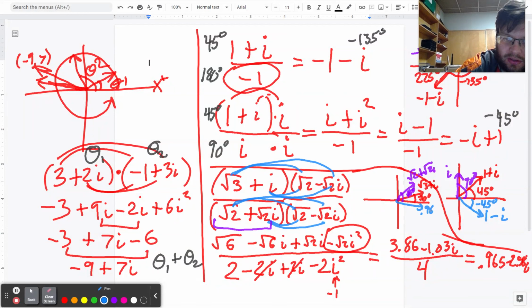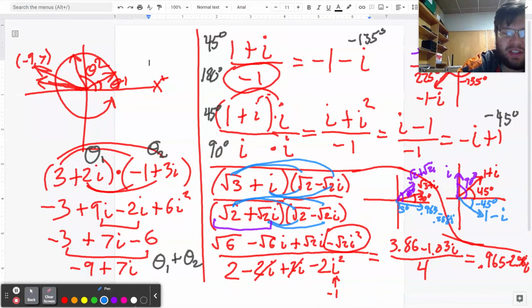0.965 minus 0.258i. And here's the deal. That has a 15-degree angle. How did I get 15 degrees?